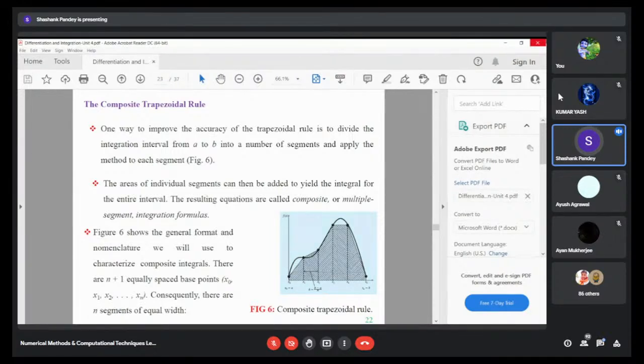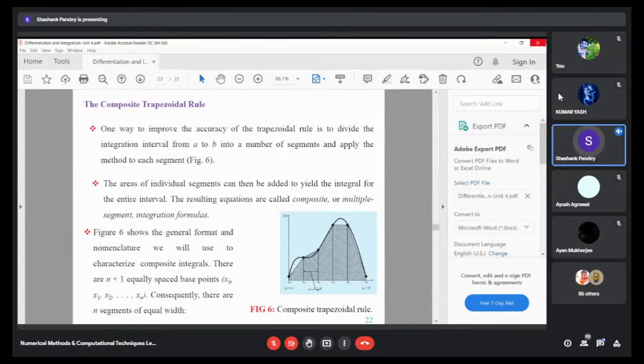If n is the number of intervals, the length of each interval is b minus a divided by n, and you can see here that h represents the width of each interval.